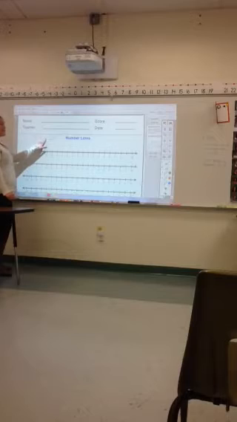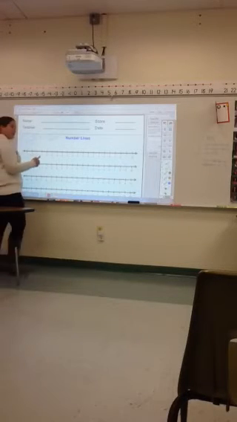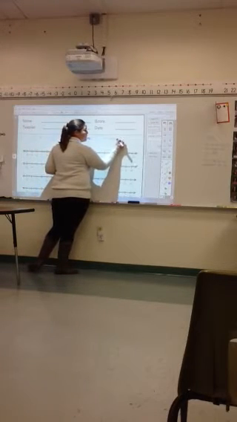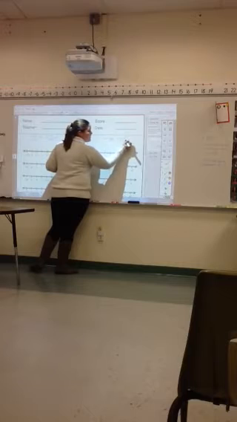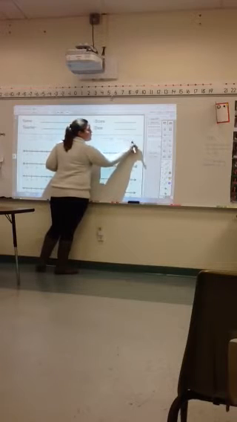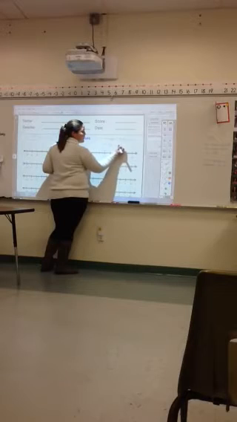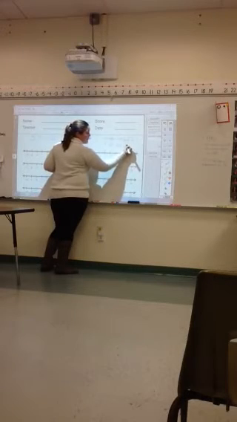We're going to add a negative number to it, so that tells us that we need to move to the left. When we add a negative number, we move to the left. When we add a positive number, we move to the right.